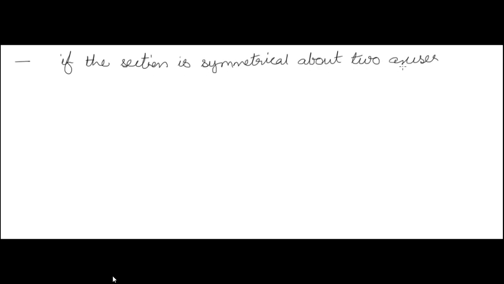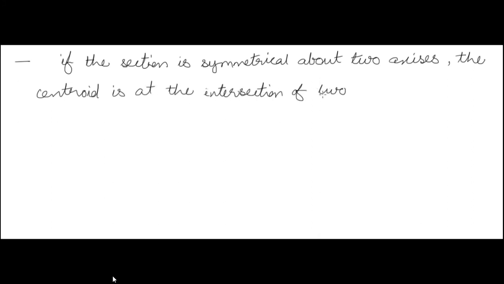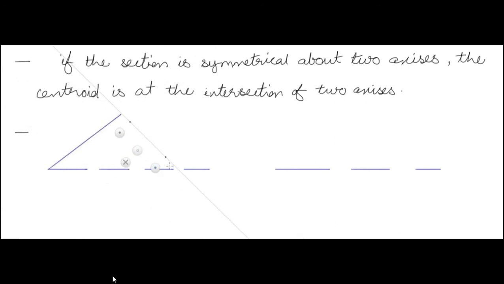If the section is symmetrical about two axes, then the centroid will be at the intersection of these two axes. Means if the area of cross section is symmetrical about the two axes, then the centroid of that cross section will be at the intersection of the two axes. Like in this figure, this is symmetrical about both axes.